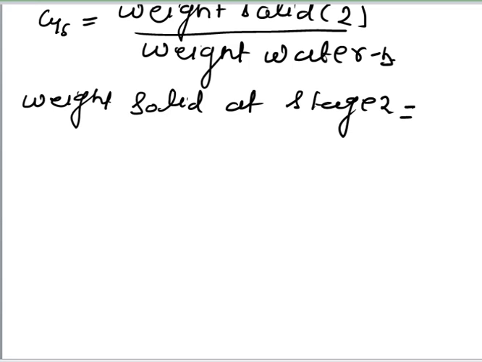Yes or not? All those methods are linked. So what is this weight of solid at the second stage? Since the soil used is dry, it will be simply W2, the weight of the second jar, minus the weight of the empty jar, because if we reduce this, the only weight remaining is the weight of solid at the second stage.